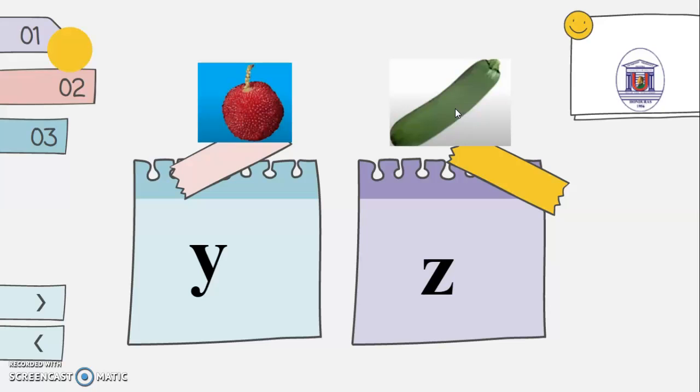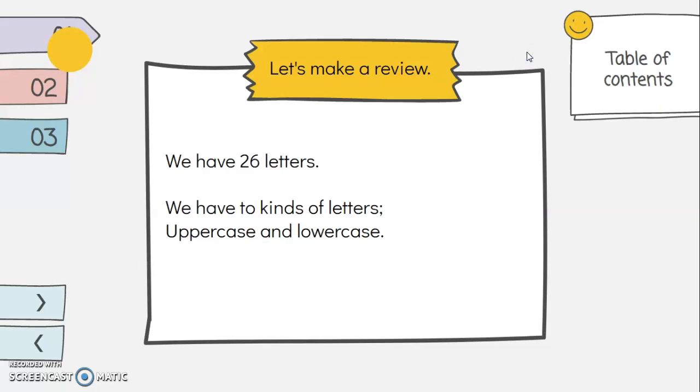Okay, now you already know the alphabet and some fruits that you can write with each letter of the alphabet. Let's make a review. How many letters do we have in the alphabet? We have 26 letters. Repeat with me. We have 26 letters.